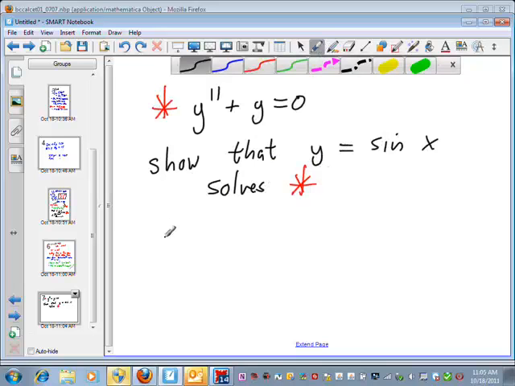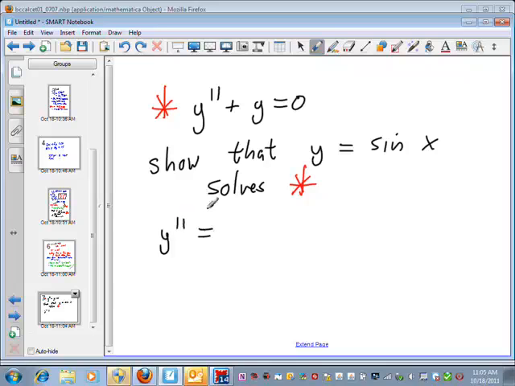All I'm asking you to do is find what y double prime is, find what y is, and add, and they should cancel.